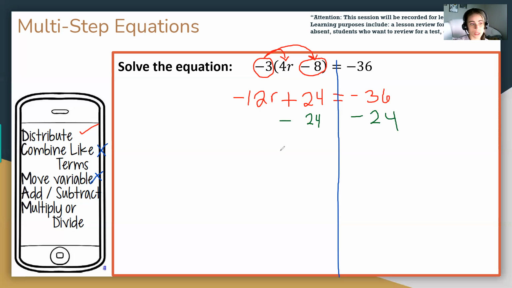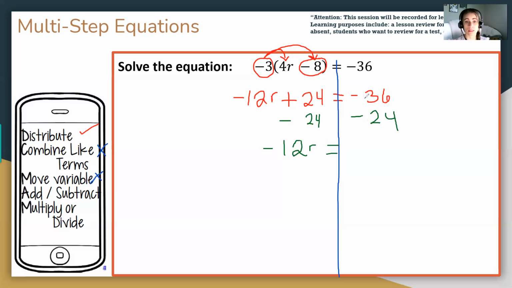Nothing was subtracted from your -12r. That just comes right on down. Positive 24 minus 24 is 0. That cancels out. And then now we have -36 and -24. Adding and subtracting rules, if they have the same sign, you add them and keep the sign.